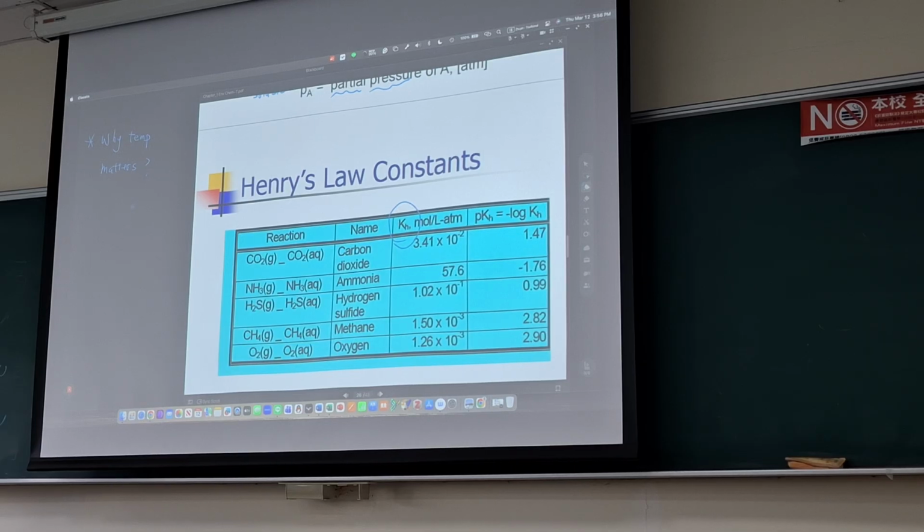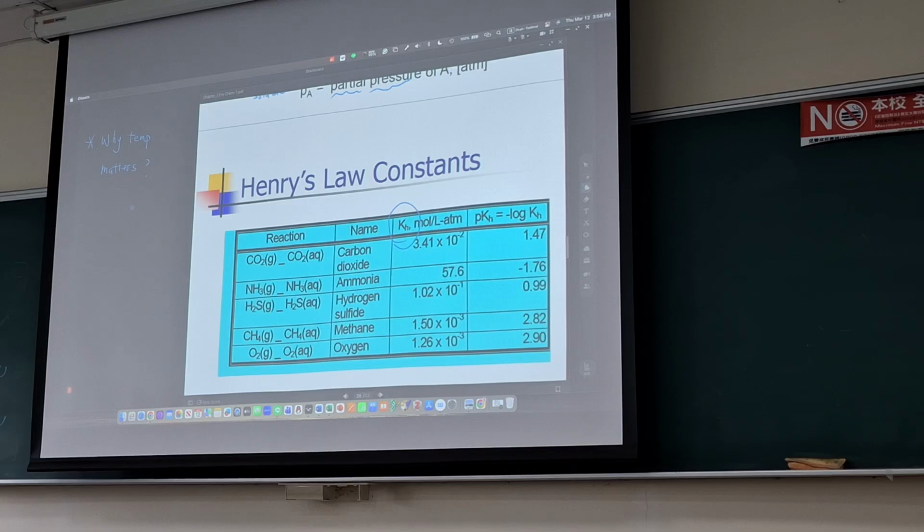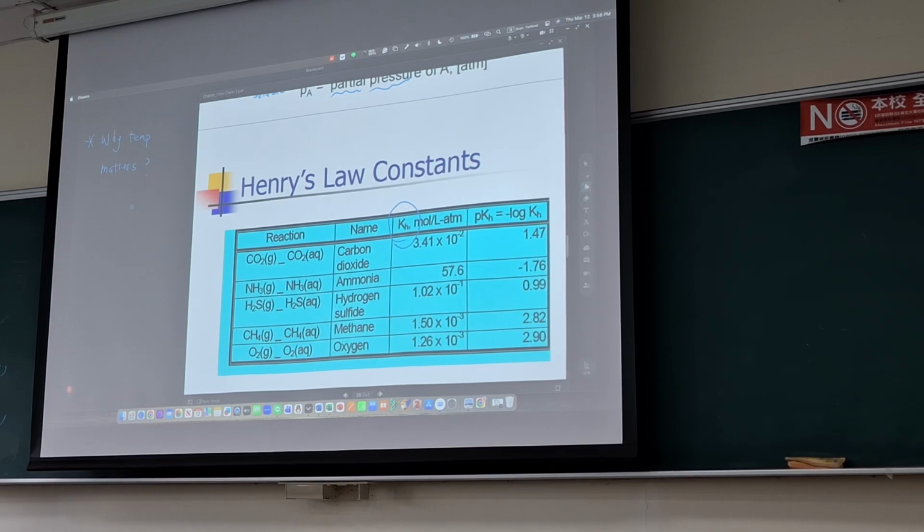Although we do not see any temperature term in Henry's law, why does temperature matter? Anyone? Okay, anyone?